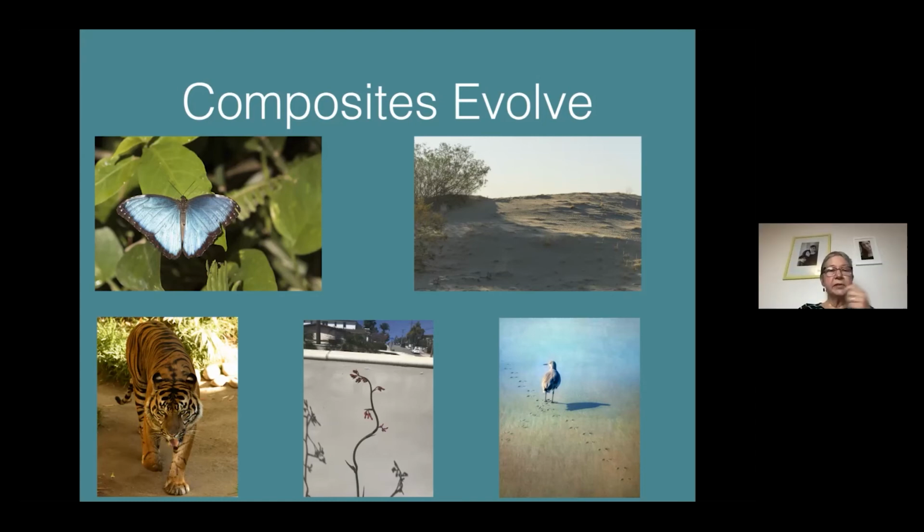So composites can evolve. Here's one that I started out with a butterfly, and my idea was that you know how sometimes butterflies have round things that look like eyes on their wings. So I thought that would be fun to recreate that. So I decided to use the tiger for that.